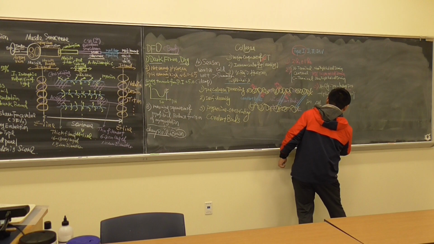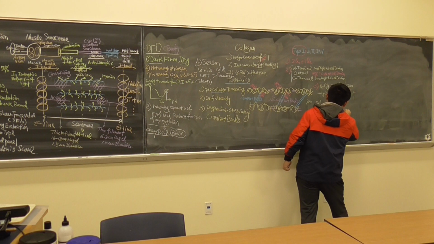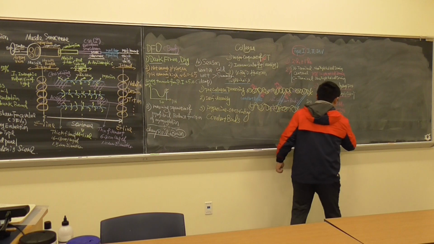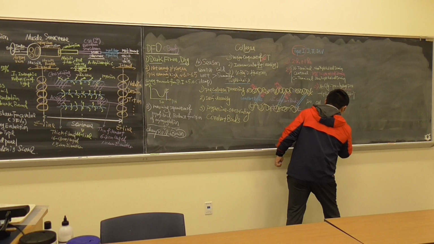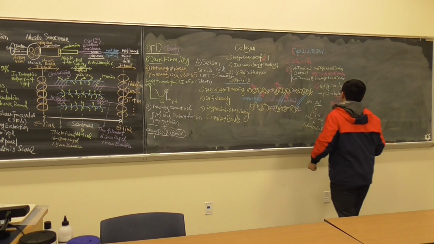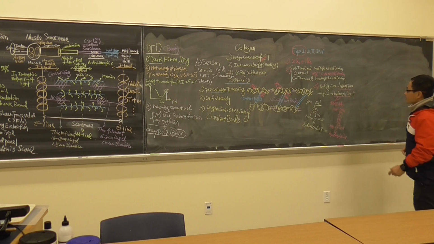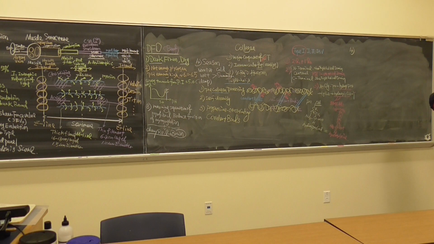NH2 to C, COOH. This is H. So you have a very long chain: CH2, CH2, CH2, NH2. On the top you have OH. This is the hydroxylysine. So that's what the amino acid sequencing looks like. Glycine, you know, it's only H.